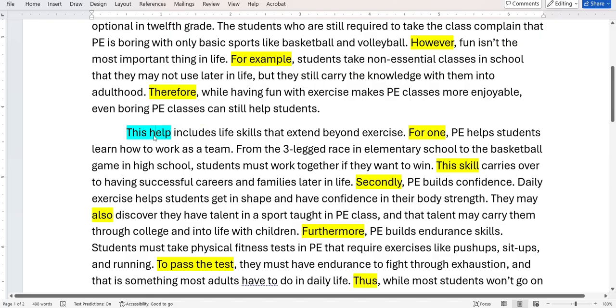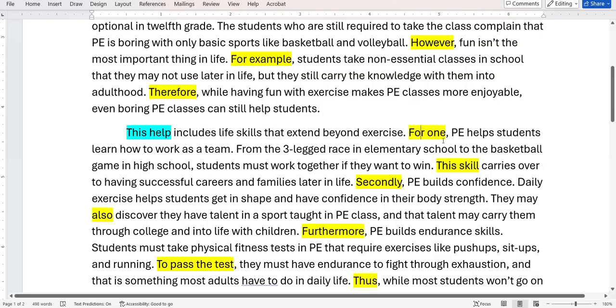And then I switch by saying this help includes life skills. So what I'm doing is making a connection, a transition between these two paragraphs, because this one ended talking about help and this one is starting by talking about help. So that's what they mean when they say it transitions between paragraphs.